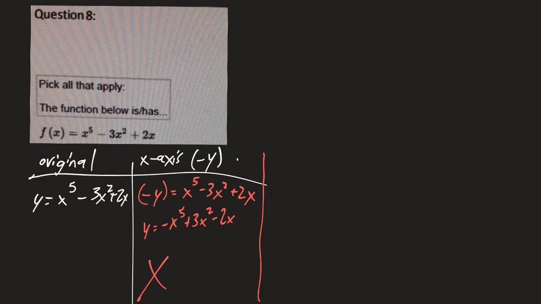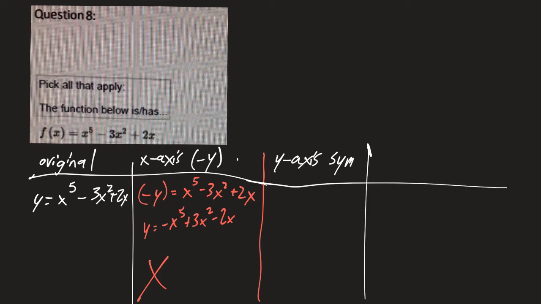And then what we'll do is we'll go to the next type of symmetry and we can test the next one. So next symmetry I've got is y-axis symmetry. So y-axis symmetry, again, is going to use the opposite variable, right? Axis is y, so my variable, I'm going to plug in negative x, okay? And let's see what we get when we plug this in. So here we go.